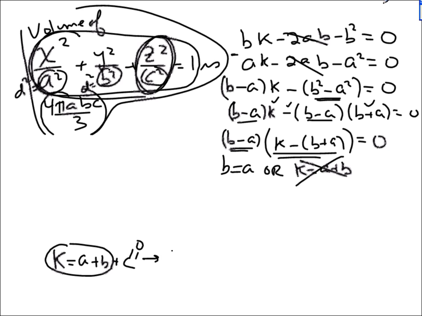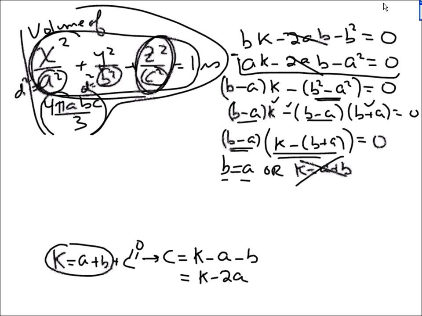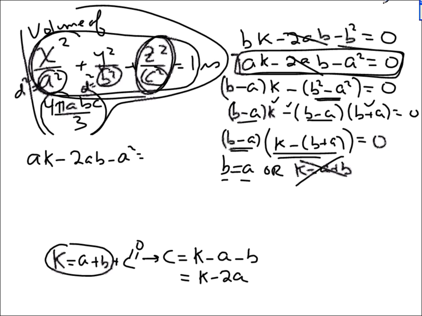Well, from here, we know that c is k minus a minus b. But b is really a. So it's k minus 2 a's. Okay, let us take this equation right here. ak minus 2ab minus a squared is 0.